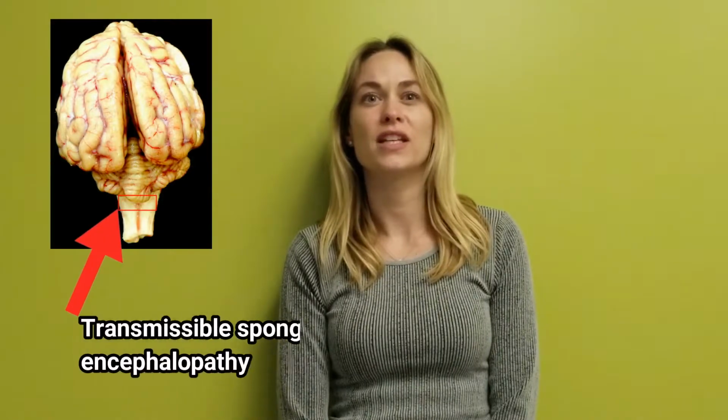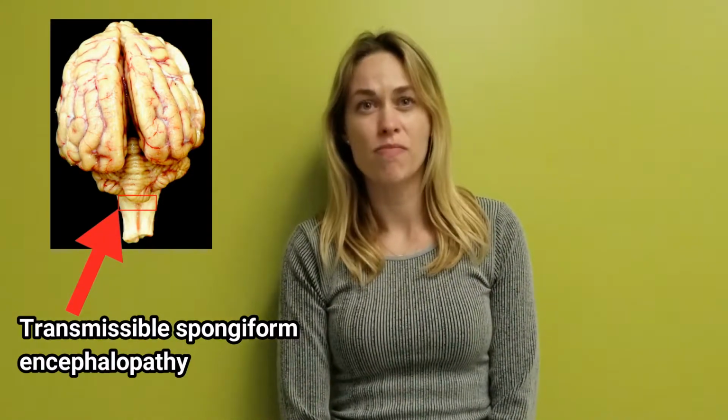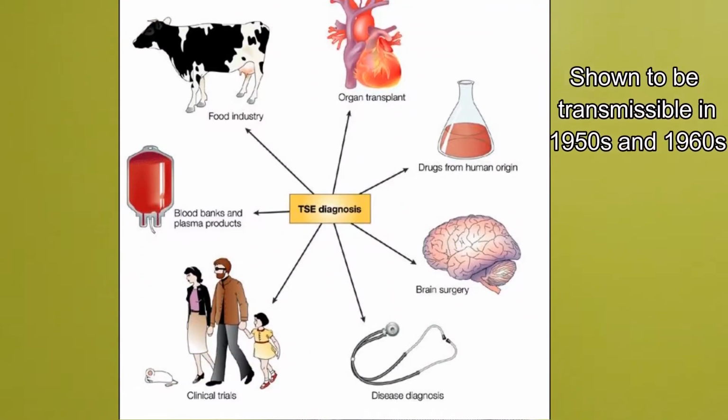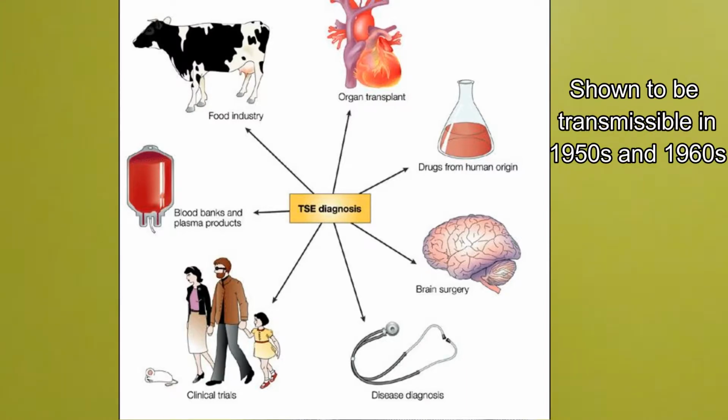It's good to mention that some of the clinical findings described by Jacob and Creutzfeldt did not match current criteria for Creutzfeldt-Jakob disease, specifically spongiform encephalopathy. However, it should be noted that recording of similar prion disease had occurred in England up until the early 1700s. In the 1950s and the 1960s, it was shown that the disease can be transmissible.